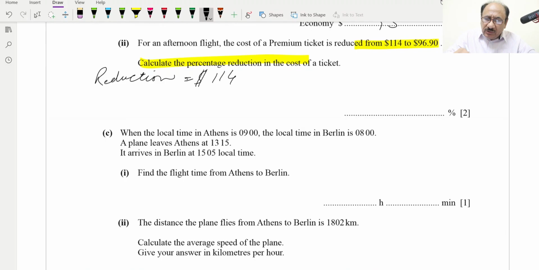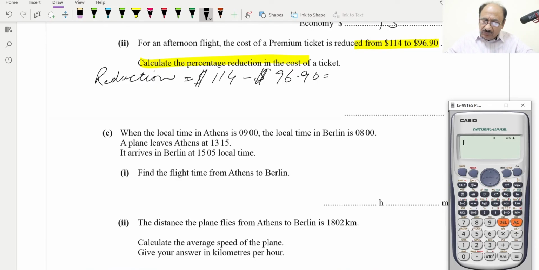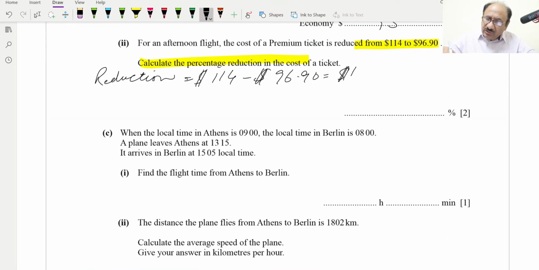Dollars 114 minus $96.90, and we will calculate 114 minus 96.90, and this is resulting to $17.1. This decrease is against 114.